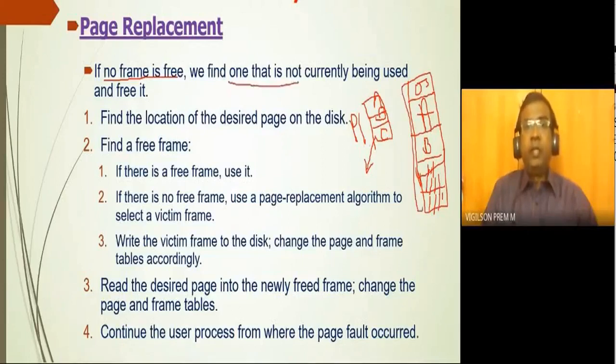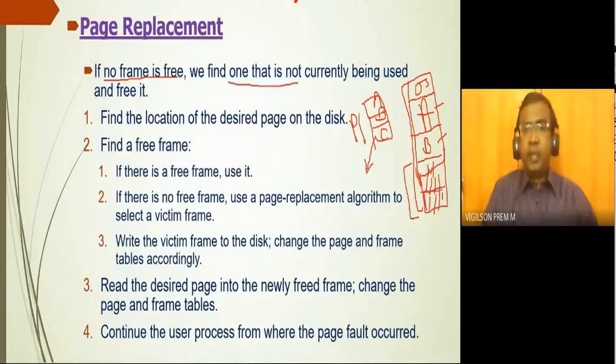We find one that is not currently being used. A and B are in use by process P1. There may be some other process which is not in use. If it is in use, we cannot replace it. If it is not in use, then we can replace the particular page.